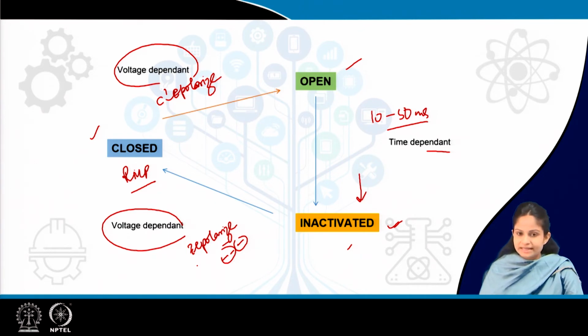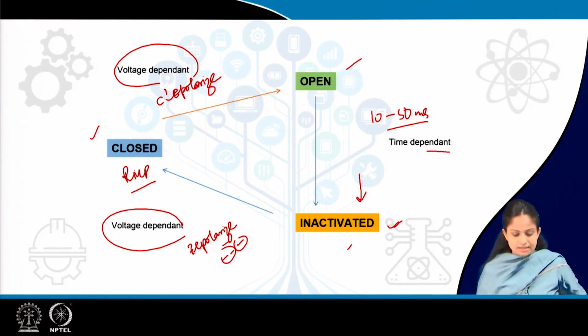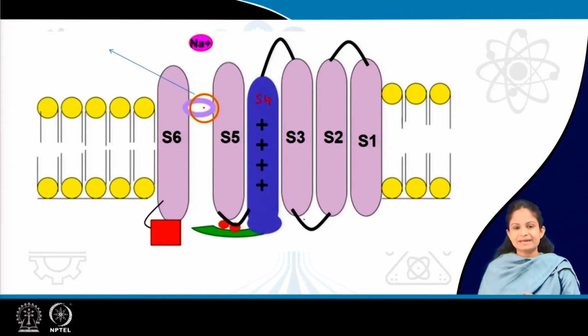And from inactivated state, the membrane should repolarize, because this phase is also voltage dependent, so that again the ion channels could open. I have to move from the inactivated state to the closed state again to open the ion channels. With this, now we will see the molecular mechanism of these gates, the ion channels.